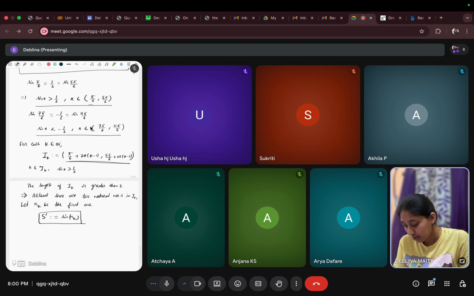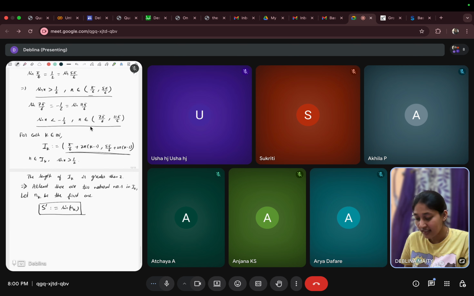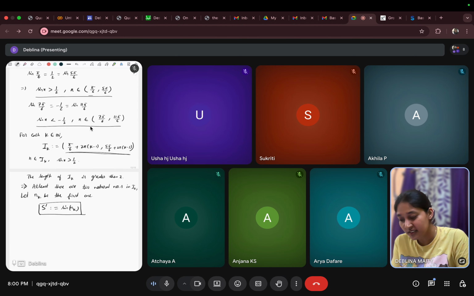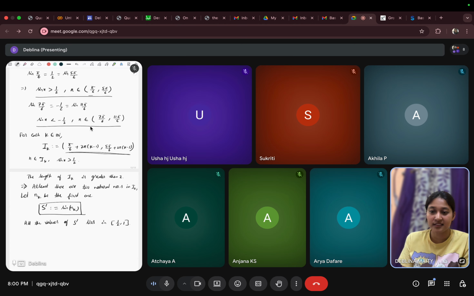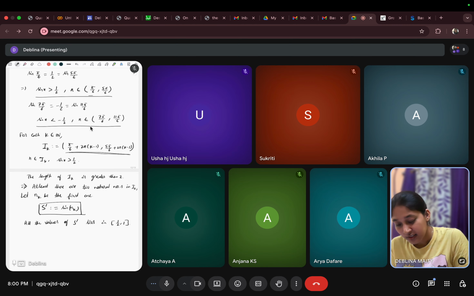All the values of S dash will be greater than half because nk belongs to Ik. So all the values of S dash lie in half to 1, because sin x is bounded by 1.